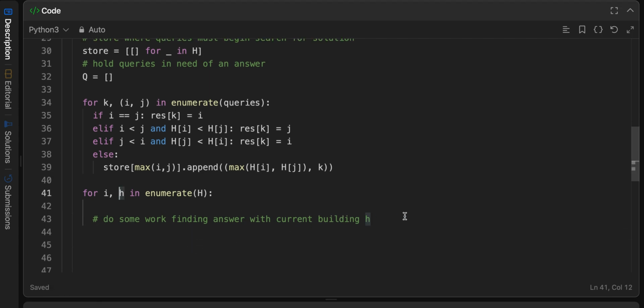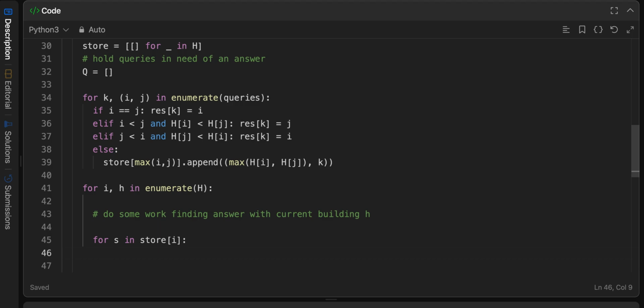Otherwise, though, I'm going to do this here. At the very end, though, I'm going to say, okay, for S in store I, heappush Q S. Okay, so let's go over what happened here.